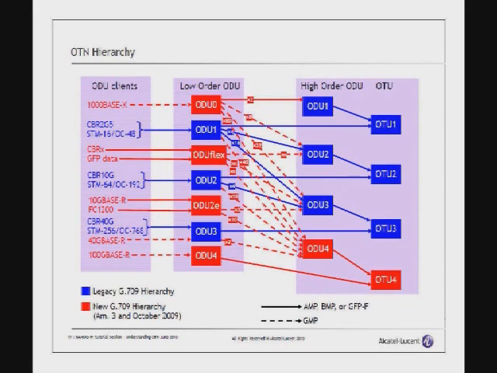What I want to talk to first is the blue area, and unfortunately I converted this to send this in. I ended up using Adobe Acrobat, and it's in PDF form, so I didn't attach the animation. But the blue really talks to where G709 and OTN started.